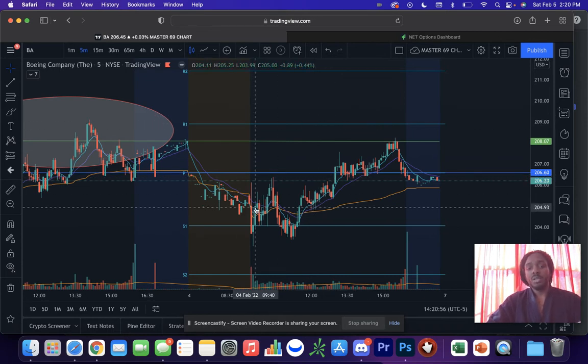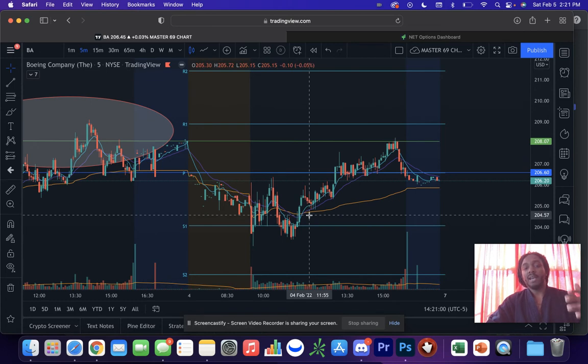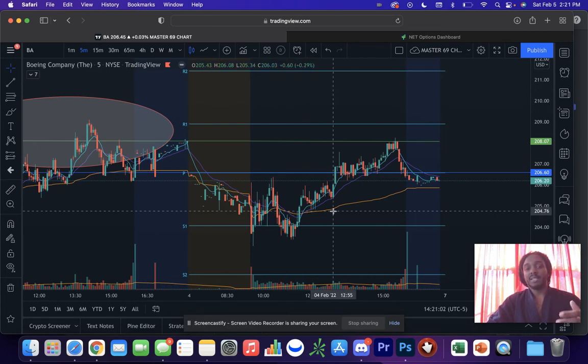You'd use your EMAs as kind of a guide, and your VWAP as a guide to say, okay, it just broke. Now it's pulling back to the 8 EMA. I want to take my entry here.